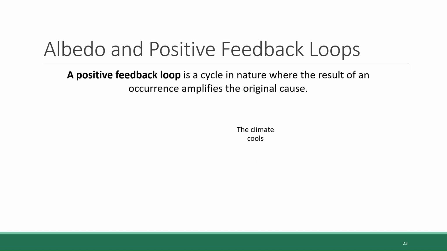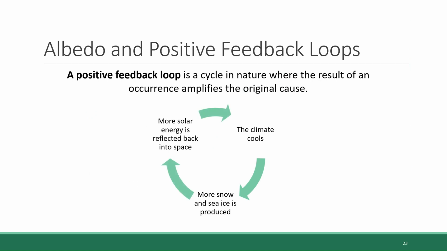In the case of water, ice, and the albedo effect, the positive feedback loop goes like this. When the Earth's climate becomes cooler, the lower temperature causes more snow and sea ice to be produced. Consequently, the Earth has a higher average albedo because more of the surface of the Earth is ice instead of water, and therefore more solar energy gets reflected back out into space. And because of this, more energy is lost from the Earth's system, and the climate gets even cooler, and the cycle continues.